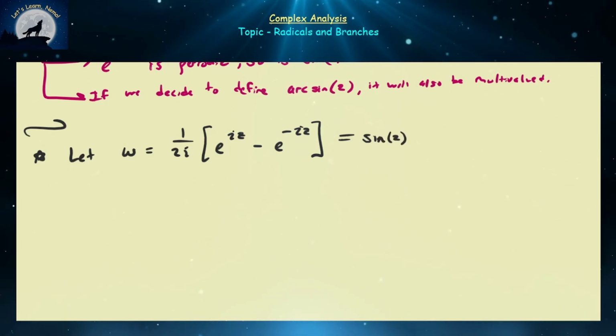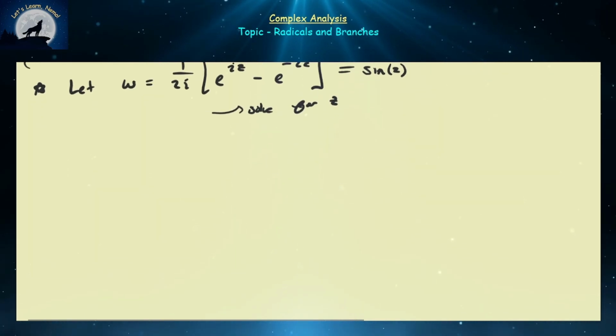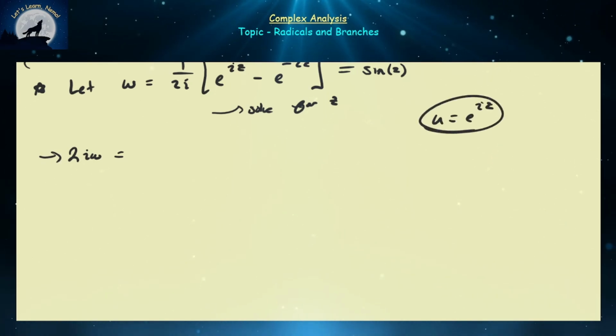And what we want to do is solve this equation for z, and hopefully we'll get an expression and then define that as the inverse sine function. So I'm going to multiply both sides by 2i. That's going to give us 2i omega will be equal to, and let's use a nice little u substitution. Let u be equal to e to the iz, just to make things nicer to look at. That's going to give us u minus 1 over u.